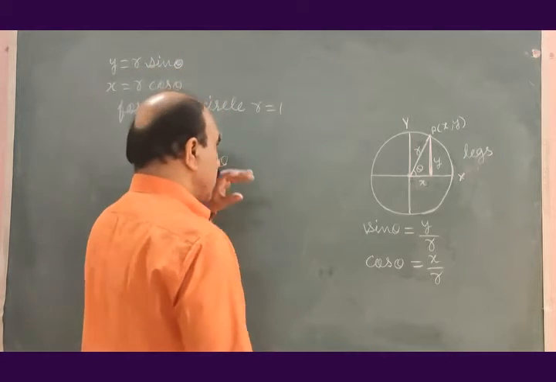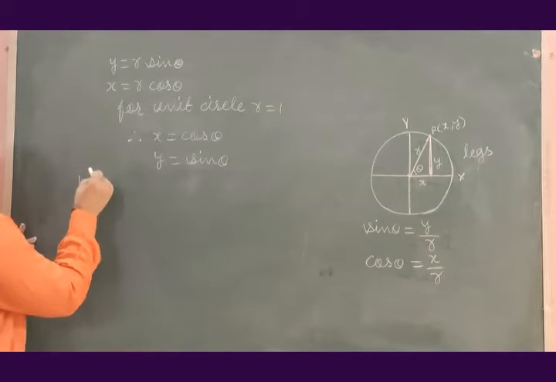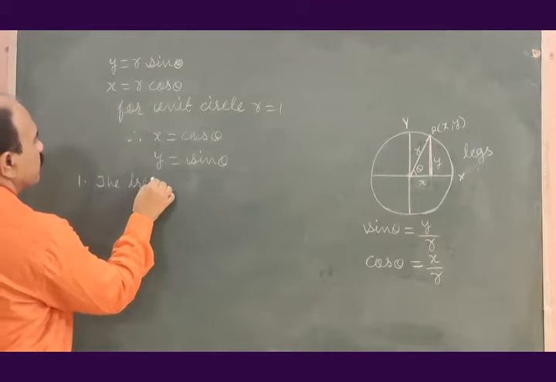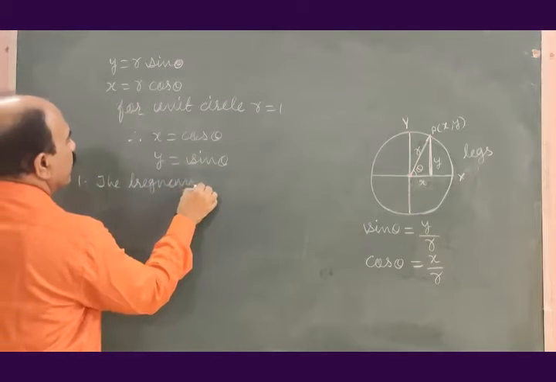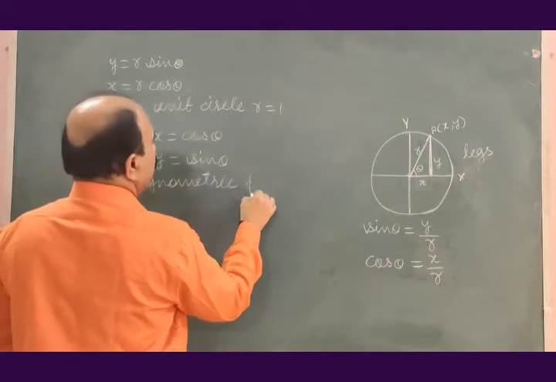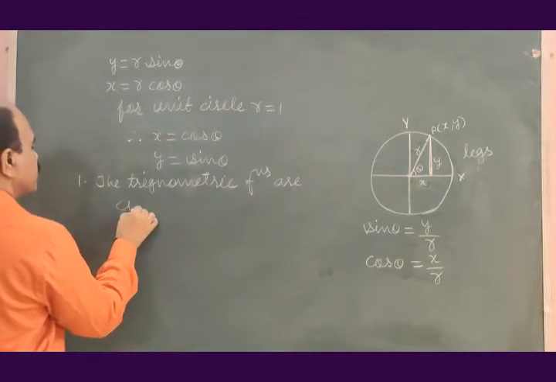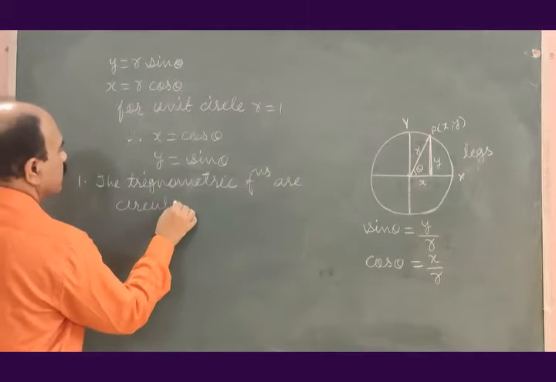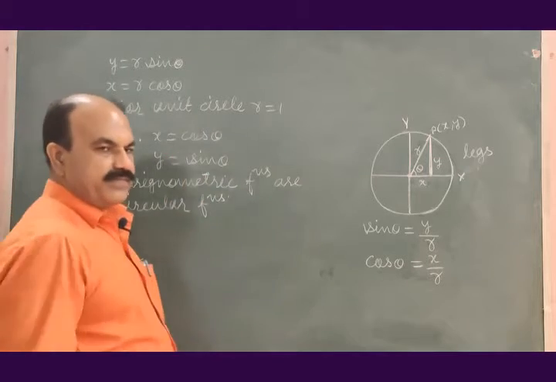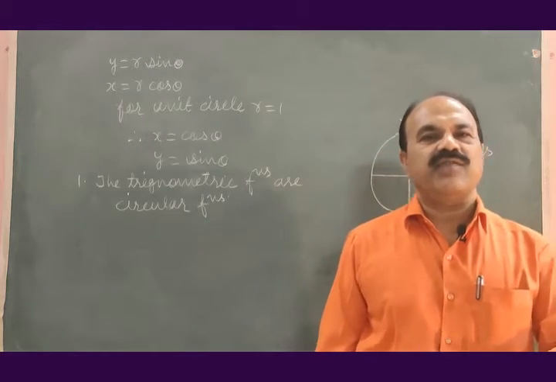First property is the trigonometric functions are circular functions.